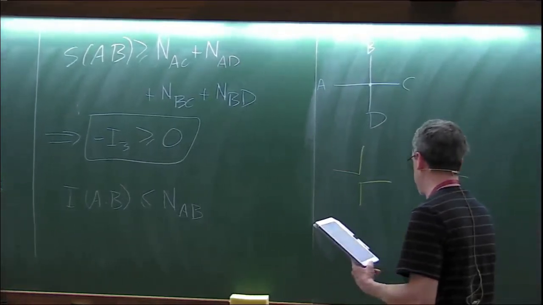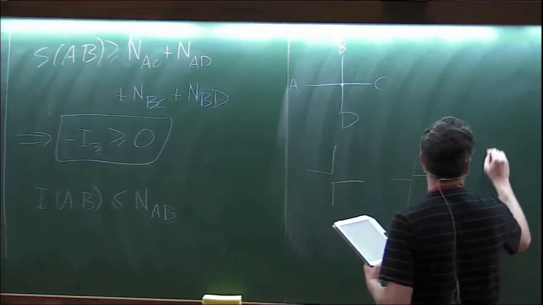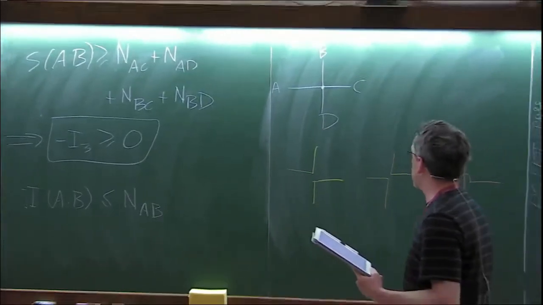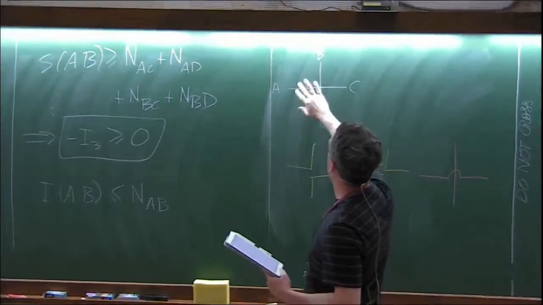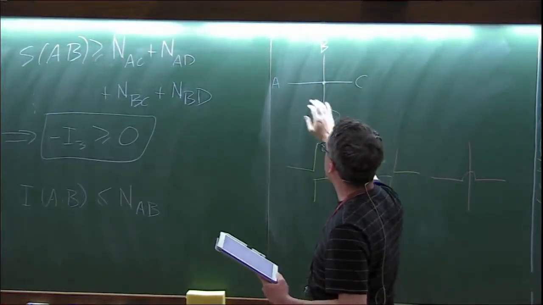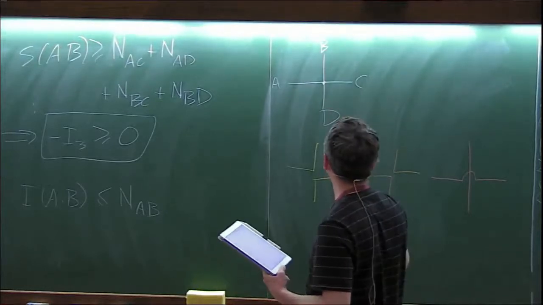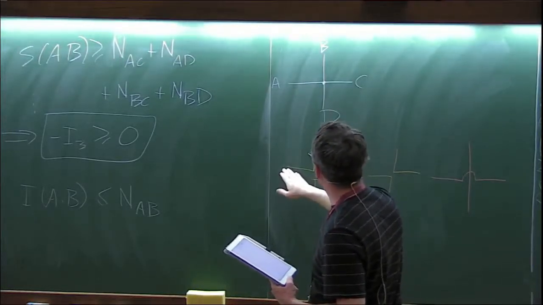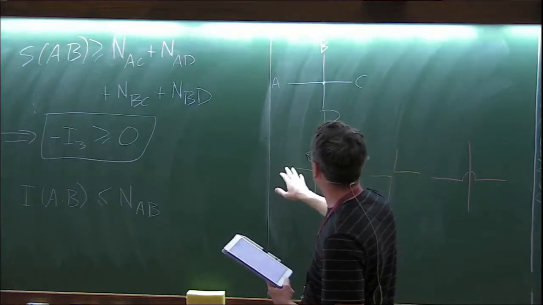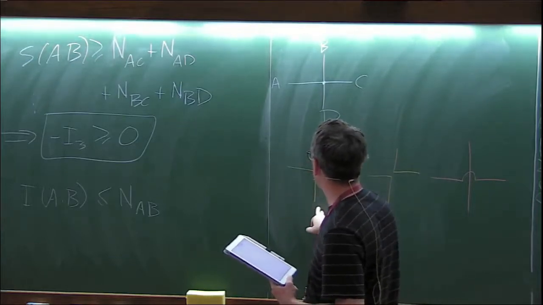And the third one looks like this. Because S of A, S of B, S of C, and S of D are all 1, S of AB is 2, and so on. So here each of these is telling us correctly the entropy of each individual thing.